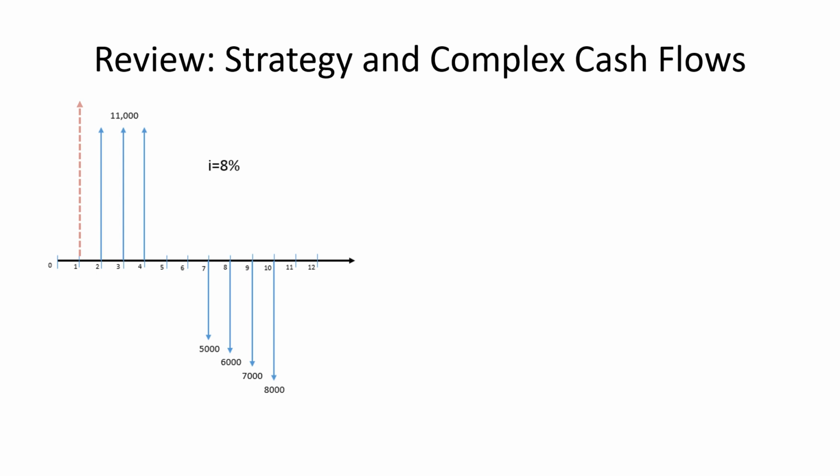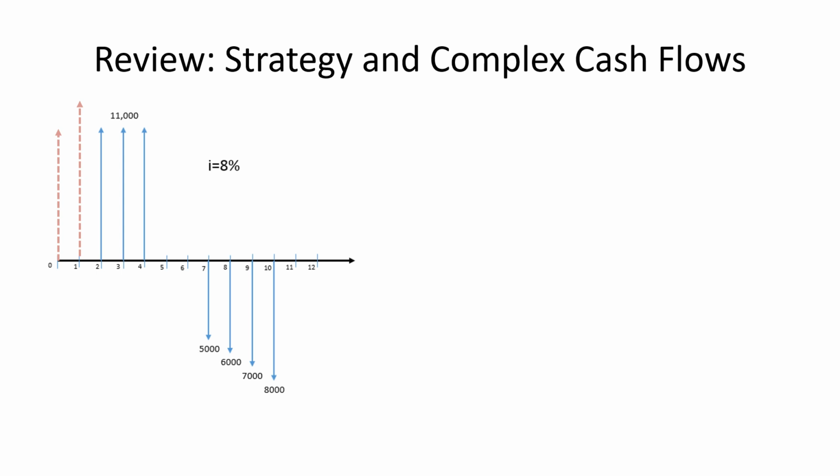It's not the true present, which is time 0. It's just from the perspective of this annual series, P is 1 year before the first time we saw some amount. Okay, so my first step would be to find this present value, and then I do another step where I take it to year 0 with find P given F.